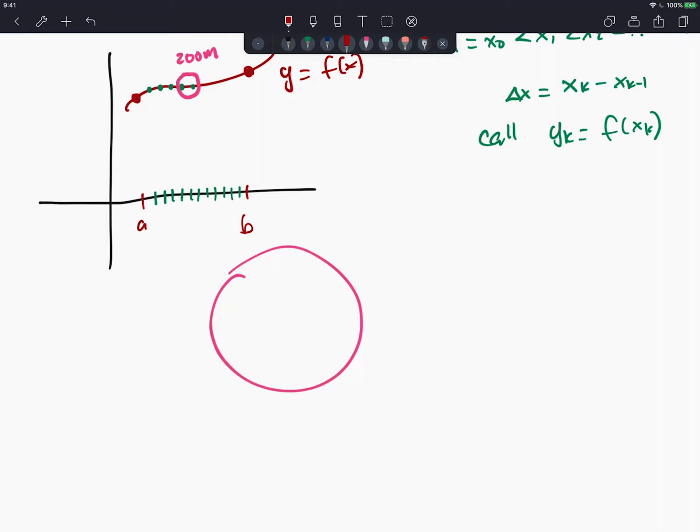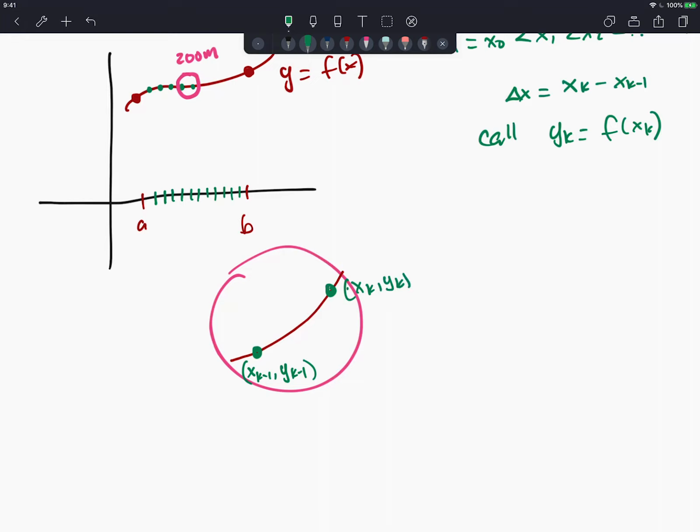It's not going to look like that, but pretend it looks like this. One of them is right here, which is my point xk minus 1, comma, yk minus 1, which is the f value at xk minus 1, and the point over here, which is the next point, xk, comma, yk.